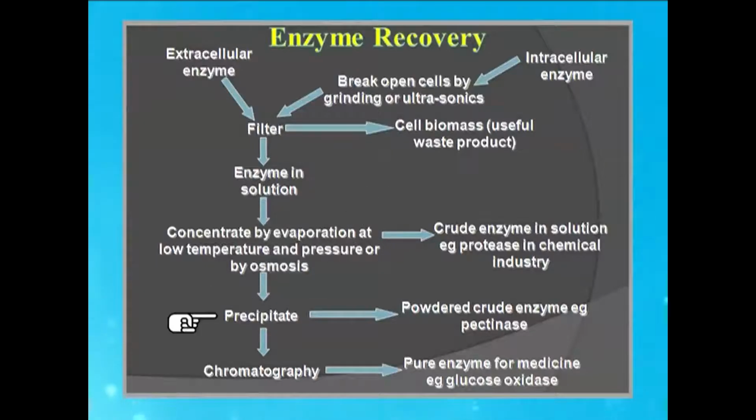You can also carry out precipitation of this particular component to generate a crude enzyme, which is pectinase, used for fruit and other vegetable pulping and juice or other related manufacturing industries. And we can also carry out a chromatography which will generate glucose oxidase. Now this chromatography generates a purer compound and that is used in medicines.